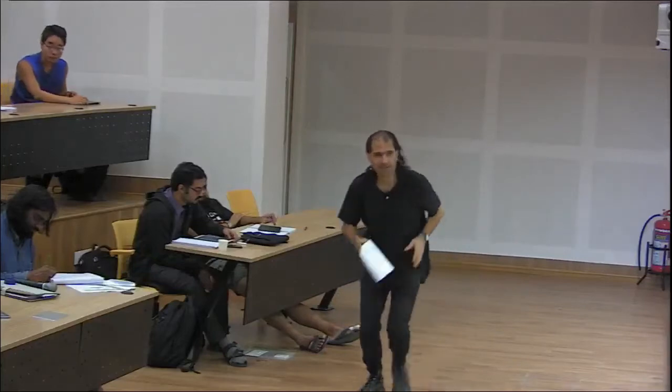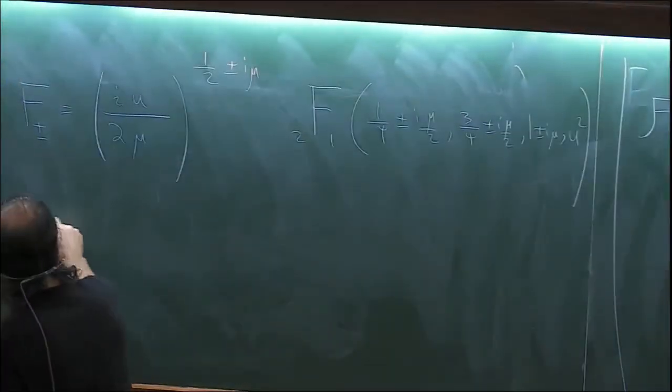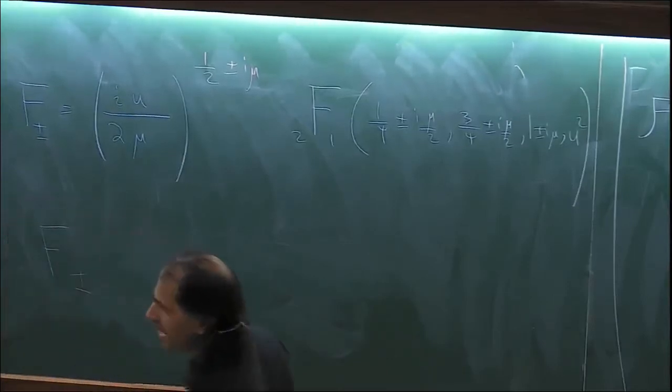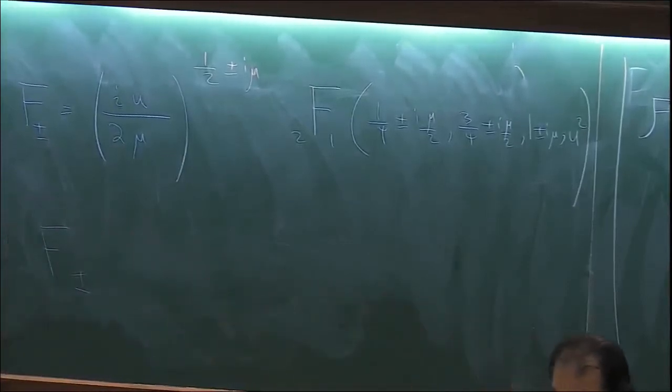Okay, now, the detailed form will not matter, but the main thing that will matter for us, as we saw, the same story again and again, is that we also know the behavior of f plus or minus in the neighborhood of the singularity as u goes to 1.